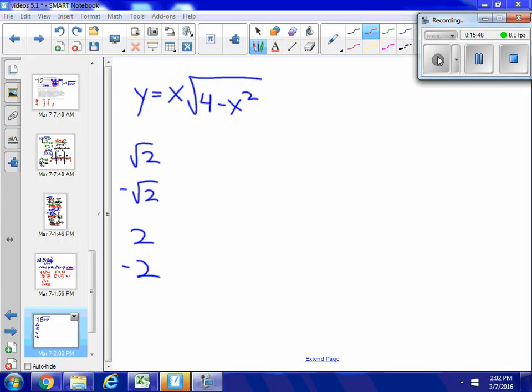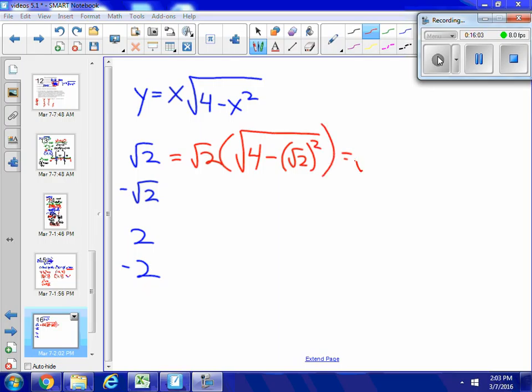This would equal radical 2 times the square root of 4 minus radical 2 squared. So that's going to be radical 2 times the square root of 4 minus 2. Well, that's radical 2 times radical 2, which is equal to 2.